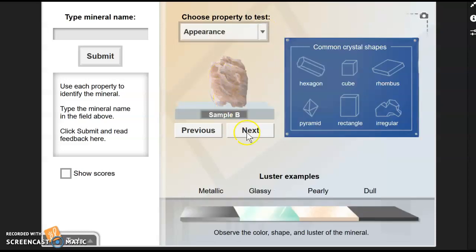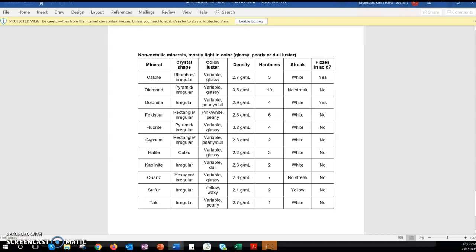What is its appearance? Well, I would say it's kind of pearly and it is irregular. Okay? It's pearly and irregular. Let's check our chart one more time, and let's look at our possible selections, our possible minerals for 2.6 grams per milliliter. That's a good way for us to be able to narrow it down.